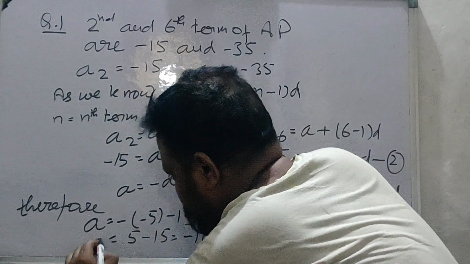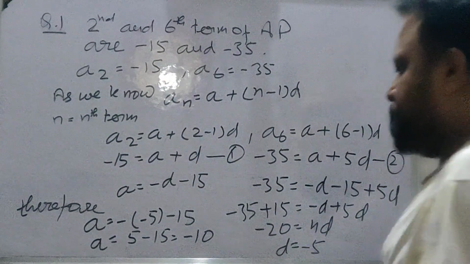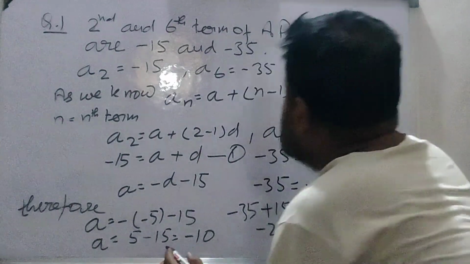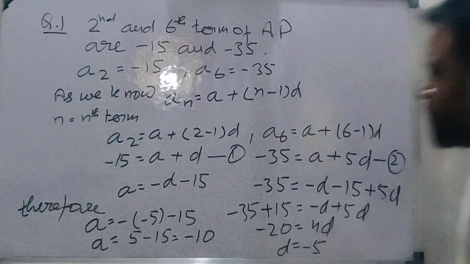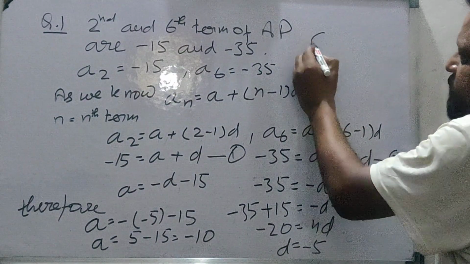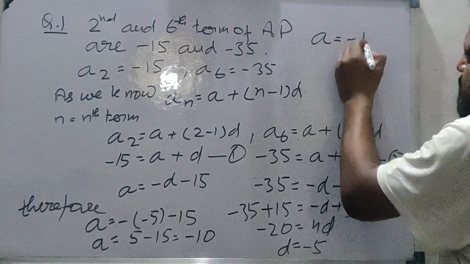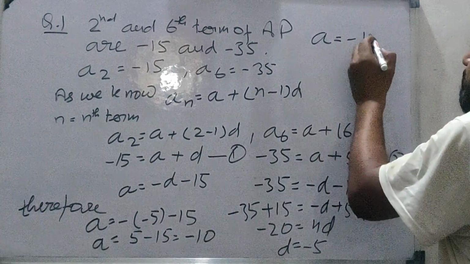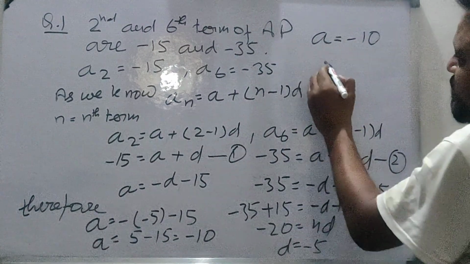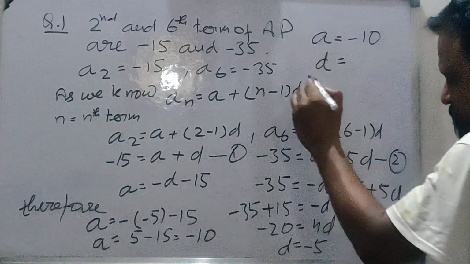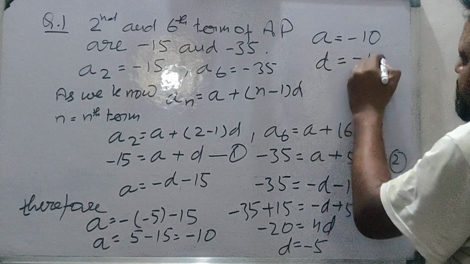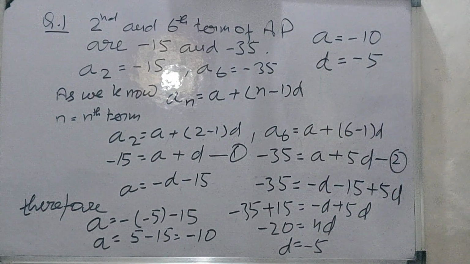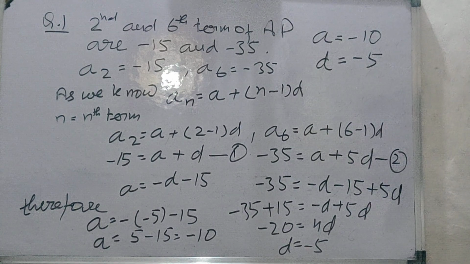So A is equal to minus 10 and D is equal to minus 5. So it was the first question we have done.